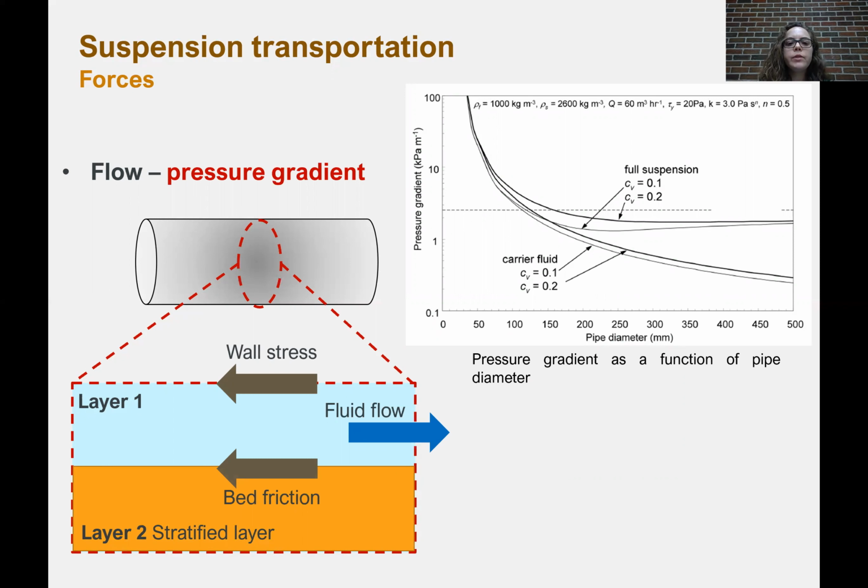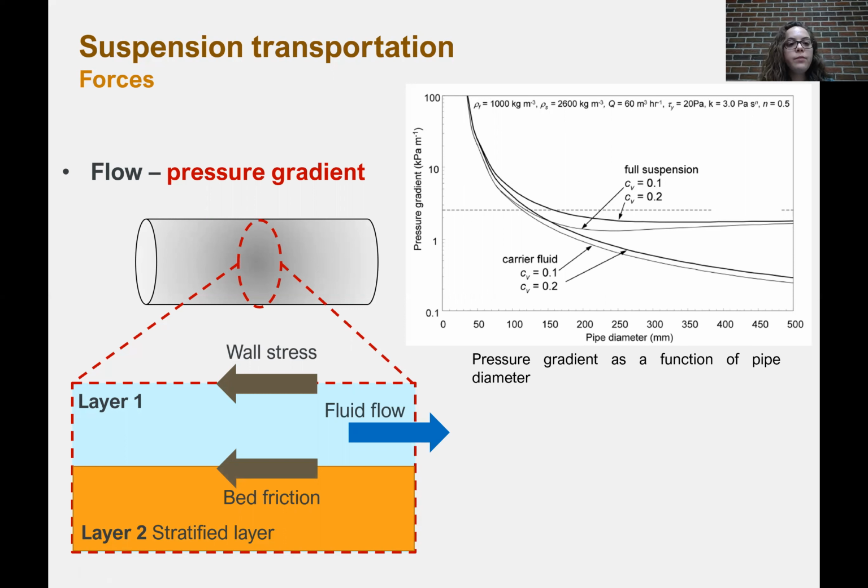It basically shows the required pressure gradient changes for a non-Newtonian carrier fluid to flow above a stratified bed with 10 and 20% of solids by itself, and when we have a full suspension with 10 and 20% of solids.